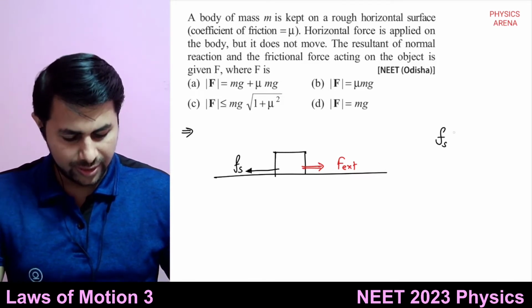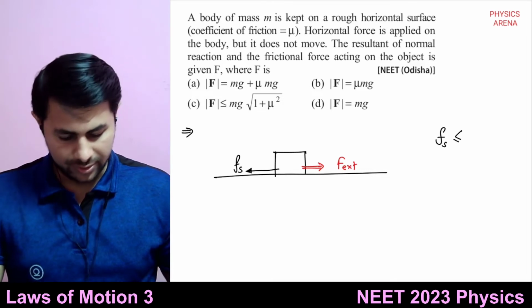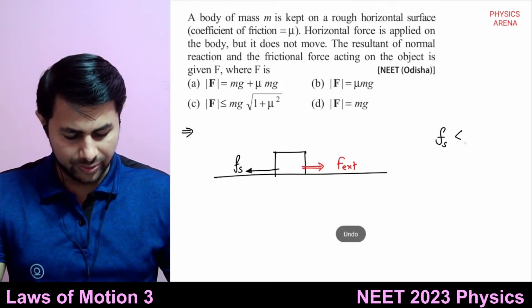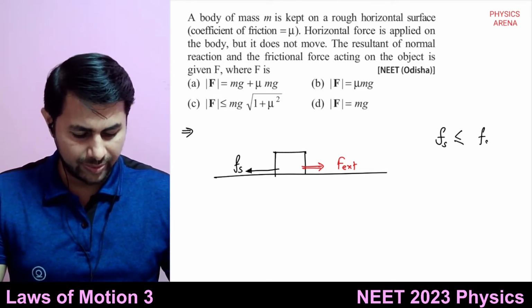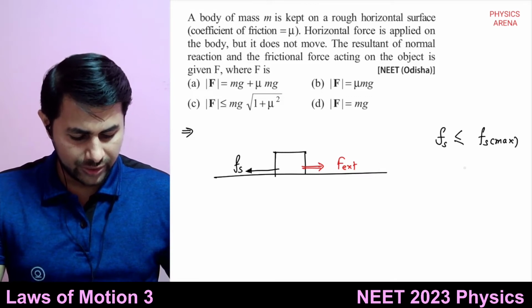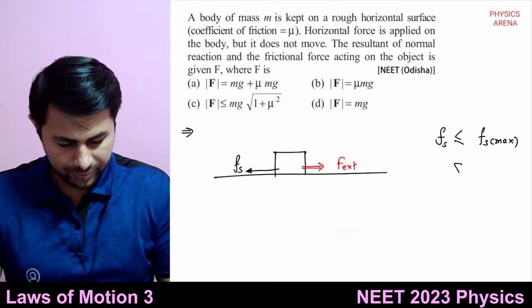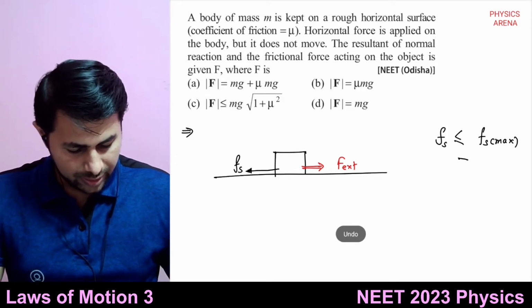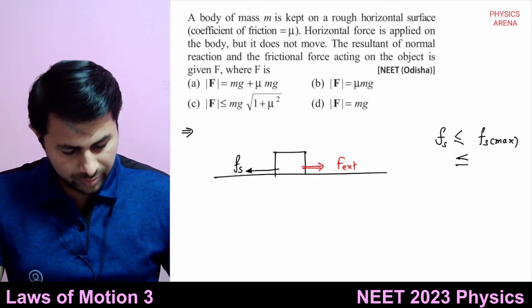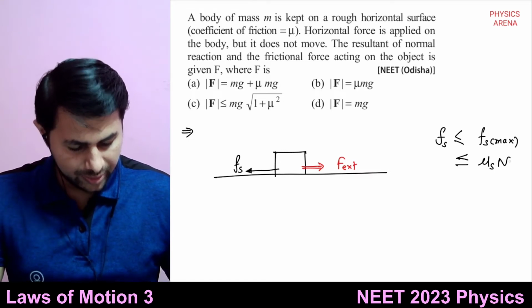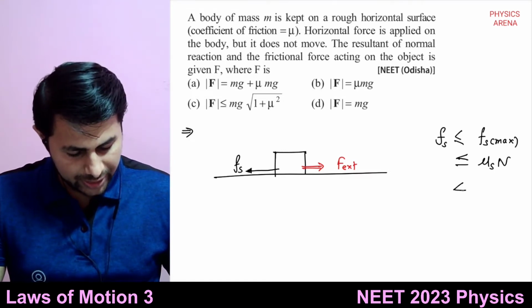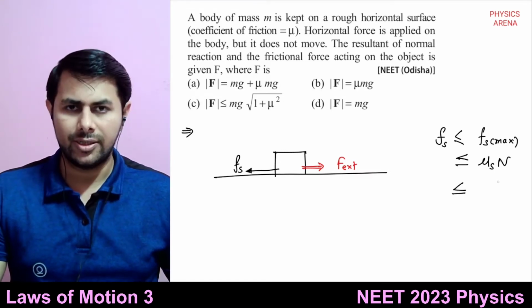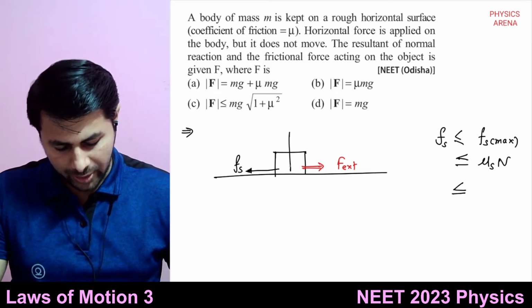Fs is less than the limiting value of the static frictional force, which is mu s multiplied by normal reaction. And normal reaction in this case is mg, because the block is horizontal.